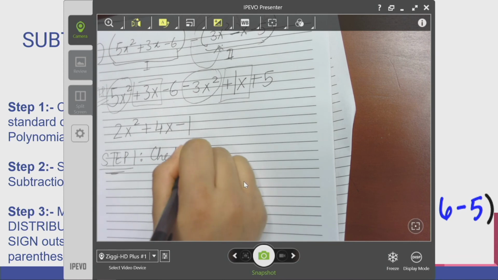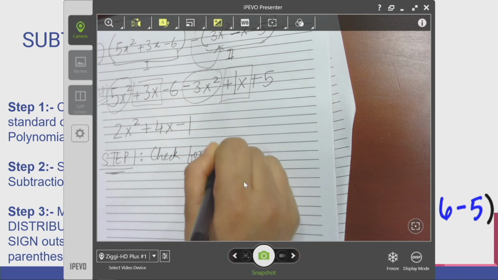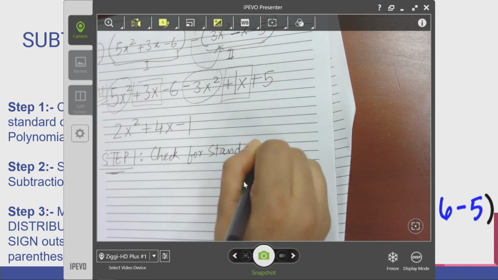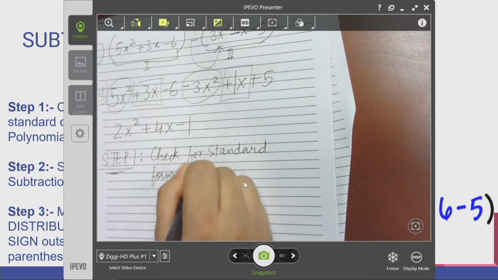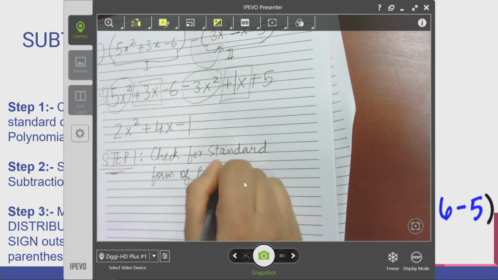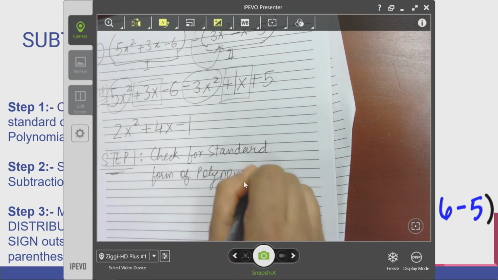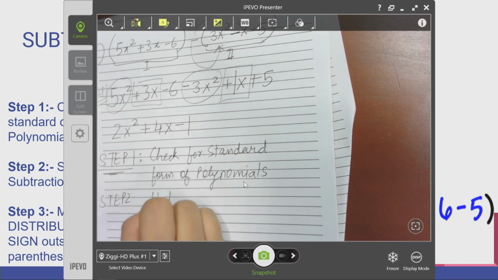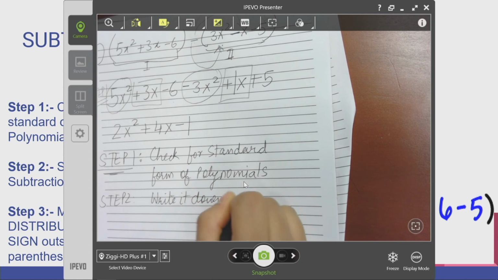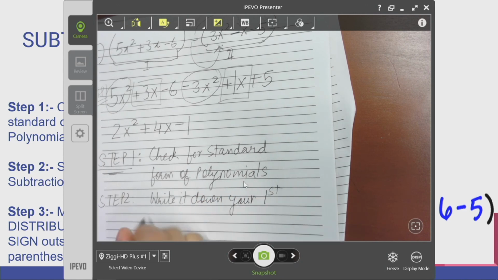Step 1: check for standard form of polynomials. Step 2: write down your first expression.